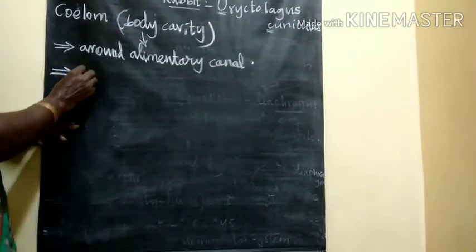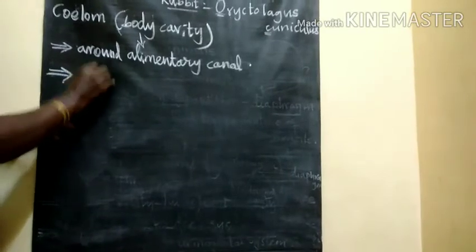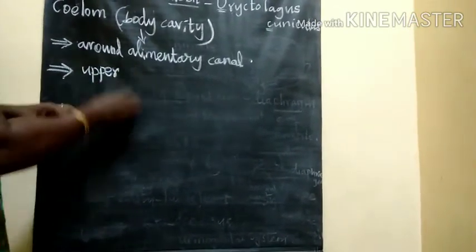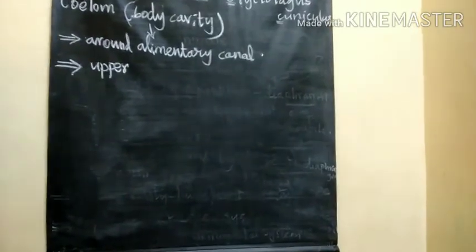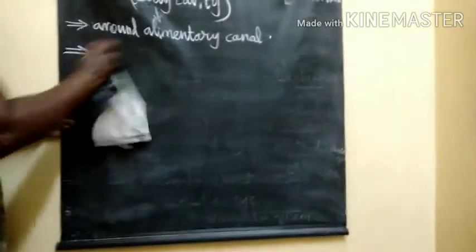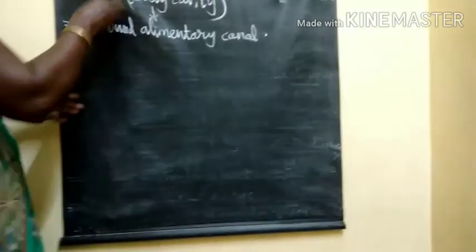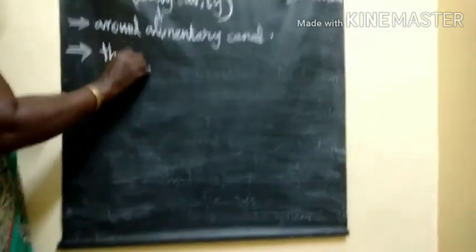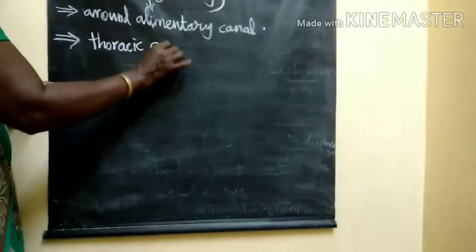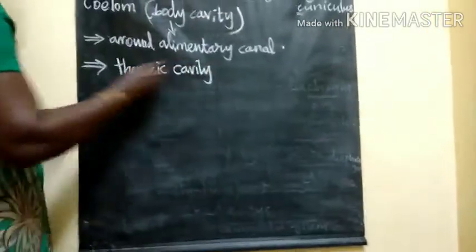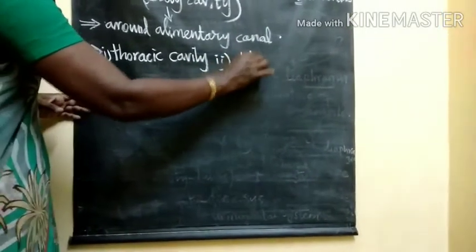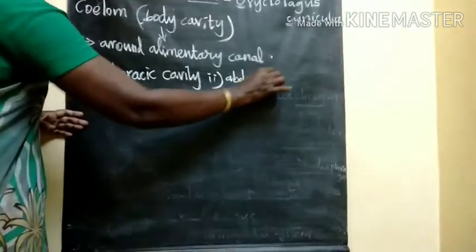The upper part is called thoracic cavity, or anterior thoracic cavity. The two parts of the coelom are thoracic cavity and abdominal cavity.